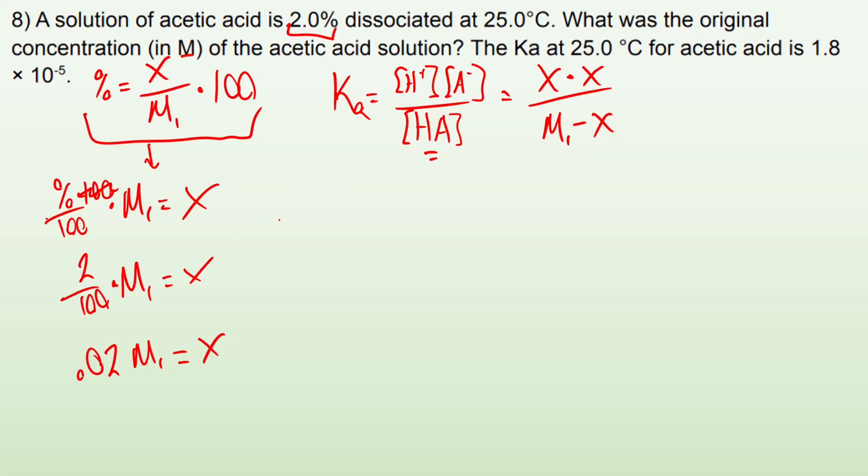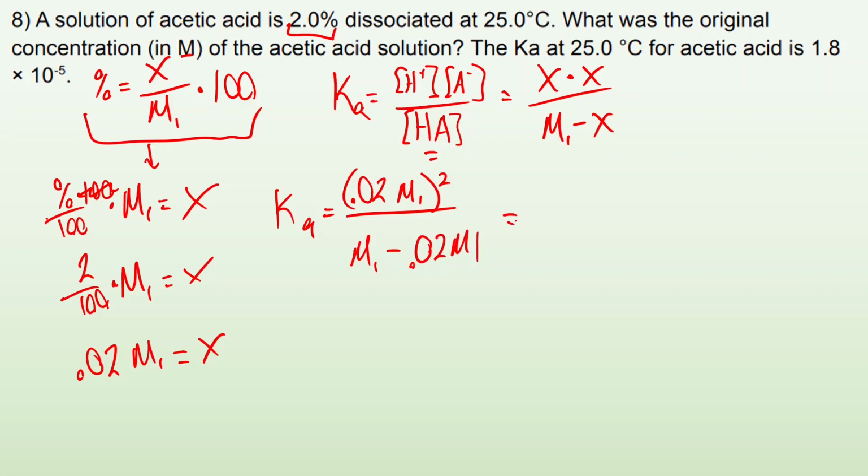So let me just plug it in. I get my Ka equals 0.02 M1 squared, because it's X times X, divided by M1 minus 0.02 M1. Let me distribute that square. I end up with 0.0004 M1 squared divided by, well, what's 1 minus 0.02? 0.98 times M1.